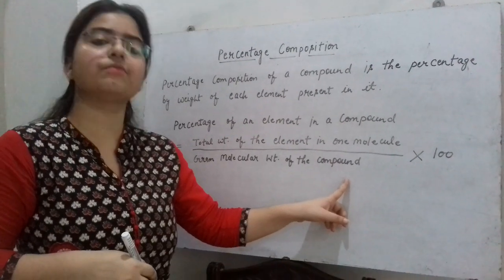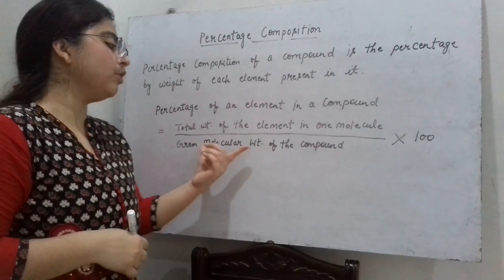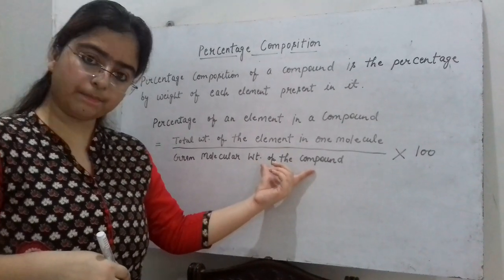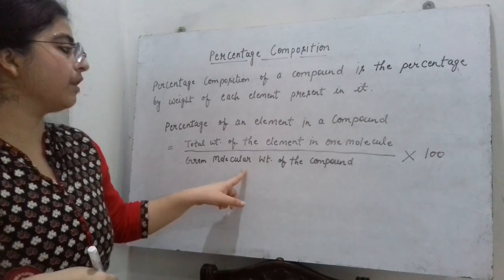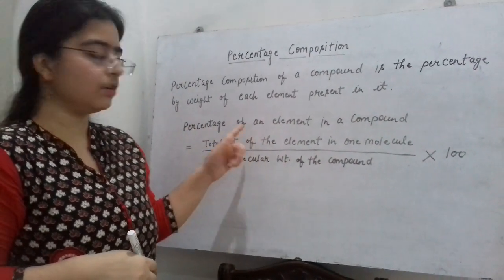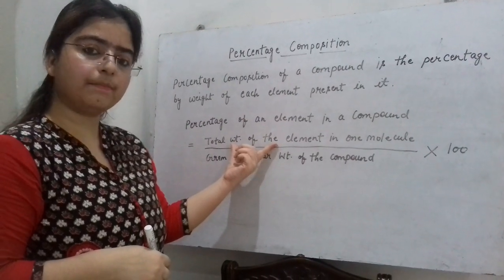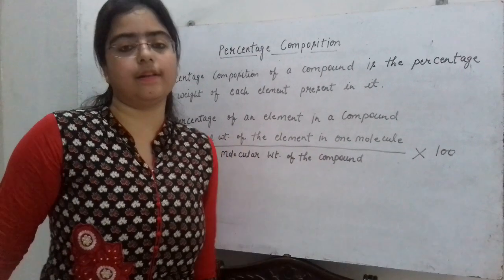Molecular weight means relative molecular mass only. So we will divide it by the gram molecular weight of the whole compound into 100. This is the formula to calculate the percentage of any element in a compound. Total weight of the element in that compound divided by gram molecular weight of the compound into 100.